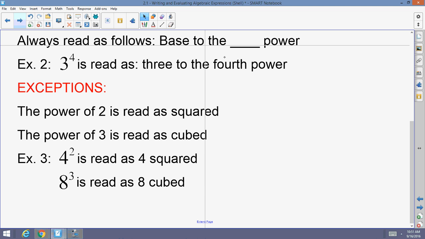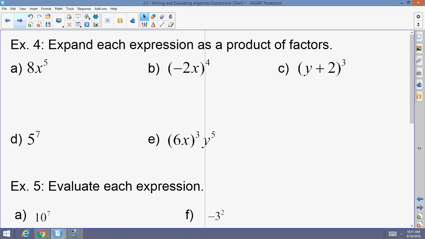Thank you, gentlemen. Okay, now I want you to expand each expression as a product of factors. So in this case, I need to explain something very, very clearly. The exponent affects the variable or the number directly to its left, or everything inside of parentheses.